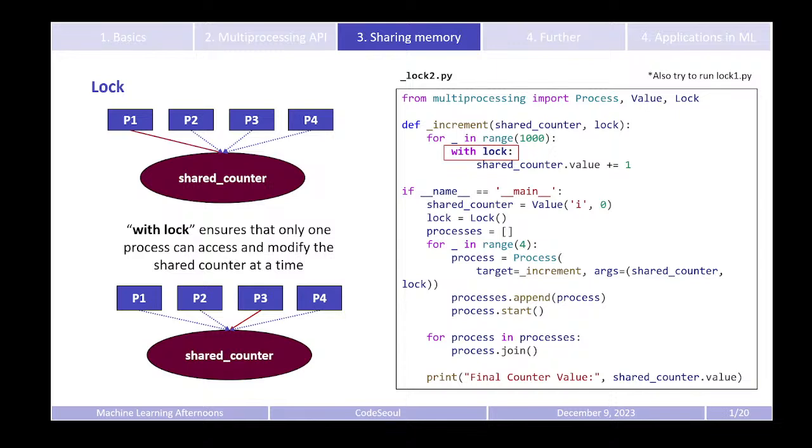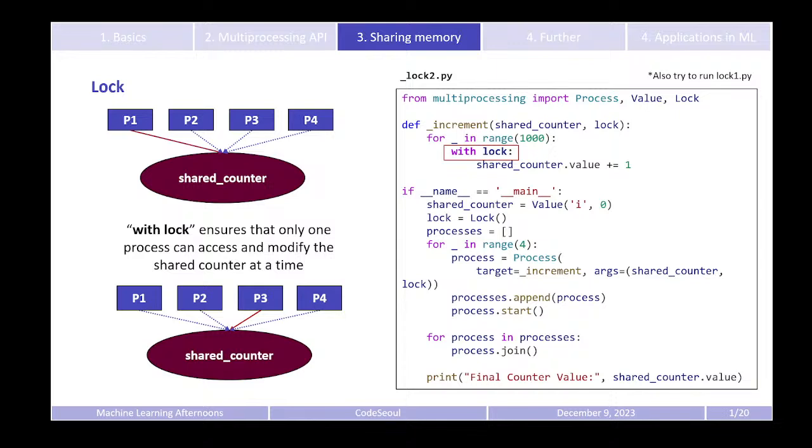So no other process can access or modify it, and the other processes should wait. Then after finishing, the other processes can change, one by one, what they wanted to do. If we check the code, the basic example is here.